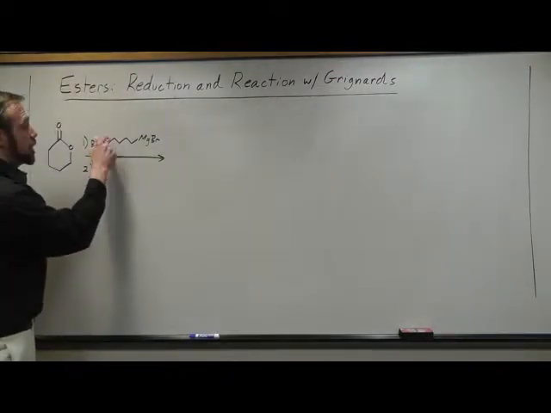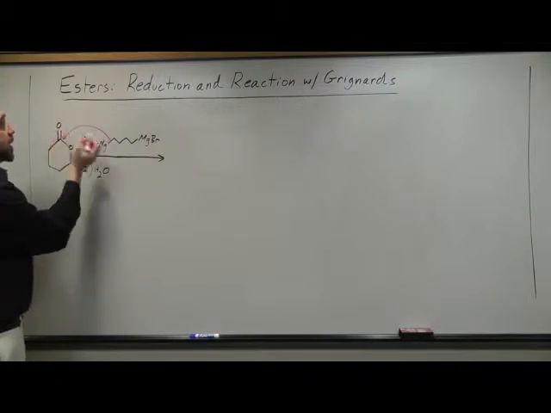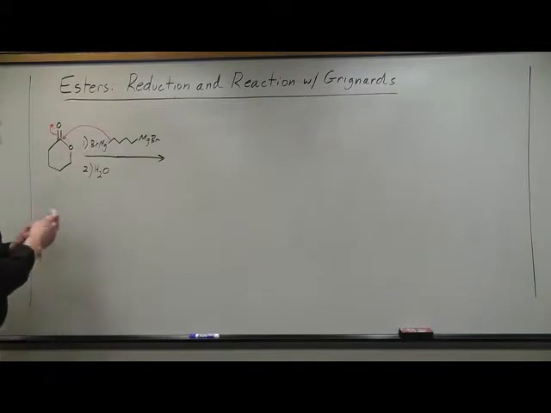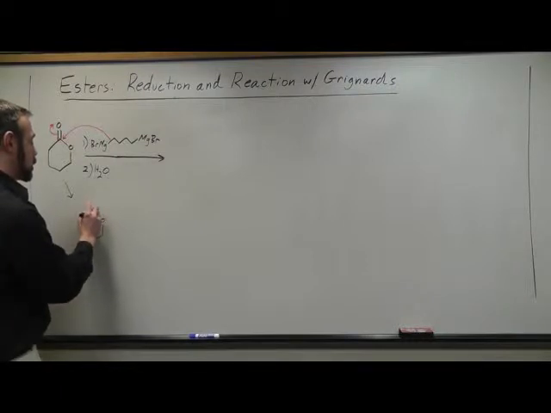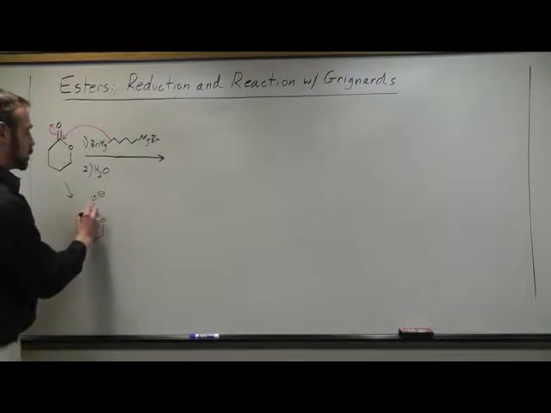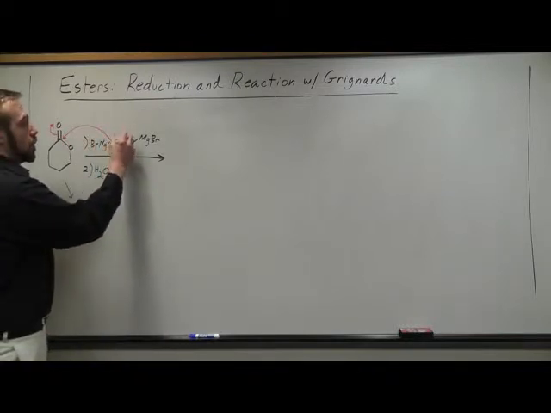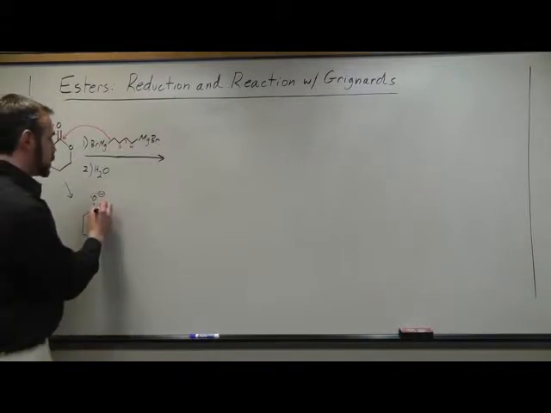We can start by drawing a bond using the electrons from the carbon-magnesium bond and attacking our carbonyl carbon. Notice in our structure here we've got 4 carbons in that double Grignard reagent.